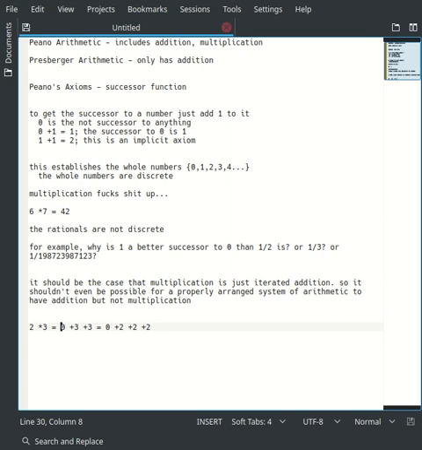So here, I'm just going to take that first one to be what it means. Here, what we have is 2 instances of 3 added together. If I can do addition, I can do multiplication. But in Presburger arithmetic, we cannot do multiplication.